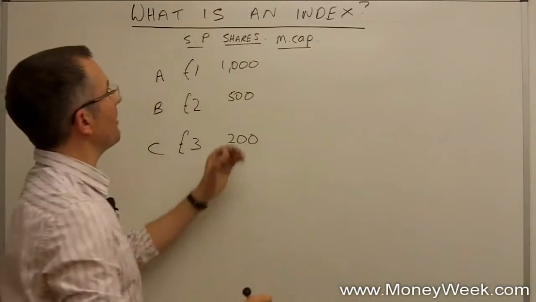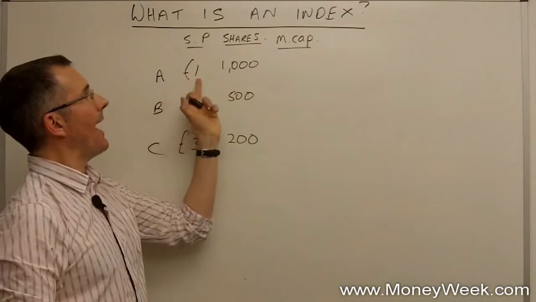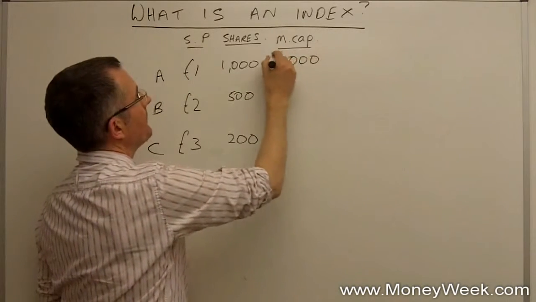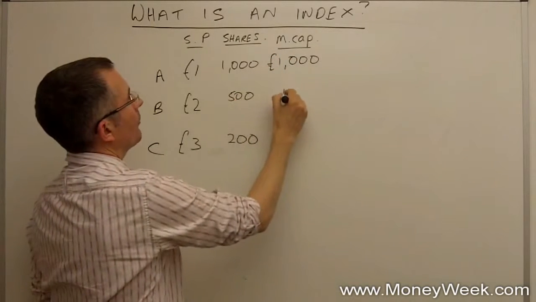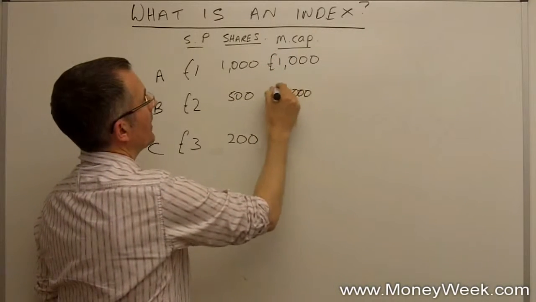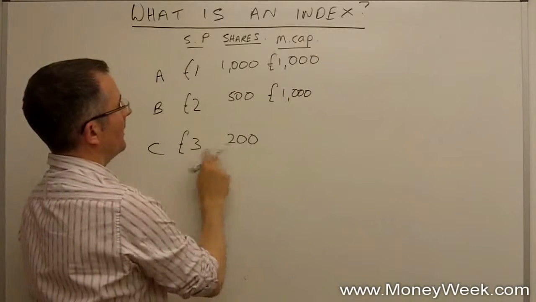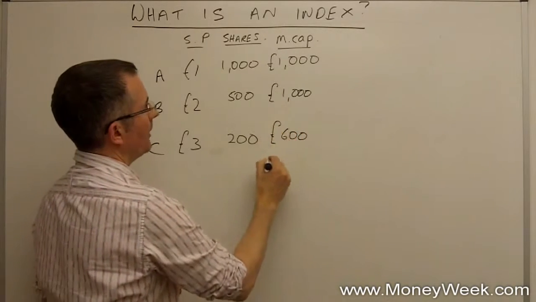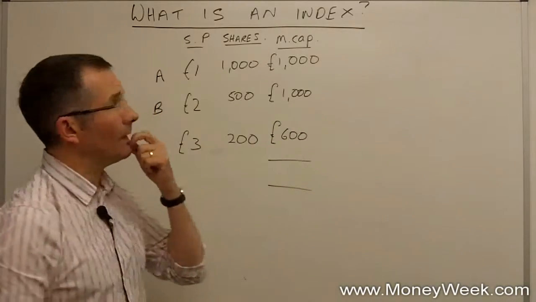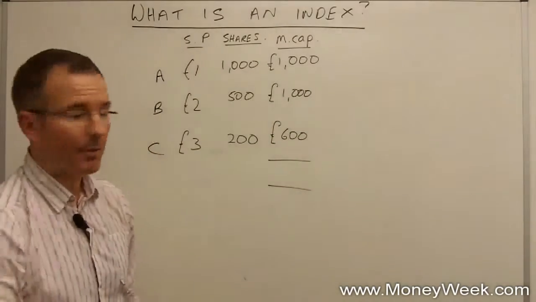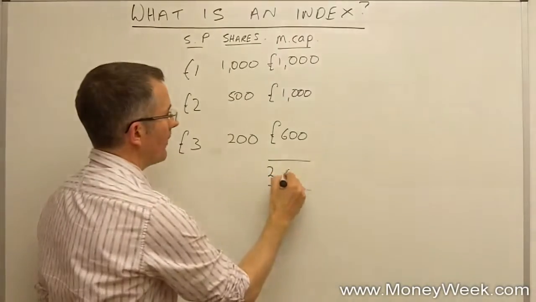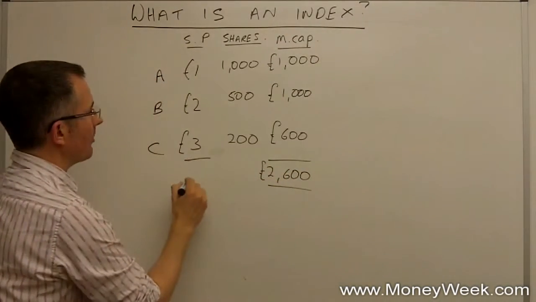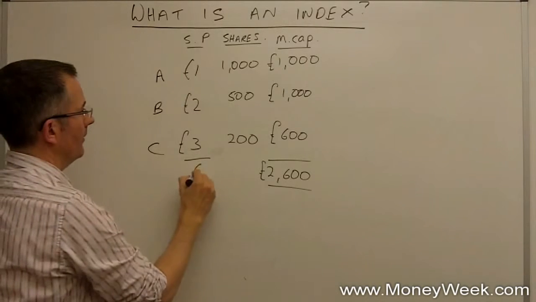Market capitalisation, multiplying that by that, is £1,000 for company A, also £1,000 for company B, and £600 for company C. So the total market capitalisation of these three companies at the moment is £2,600. The total of the share prices is £6.